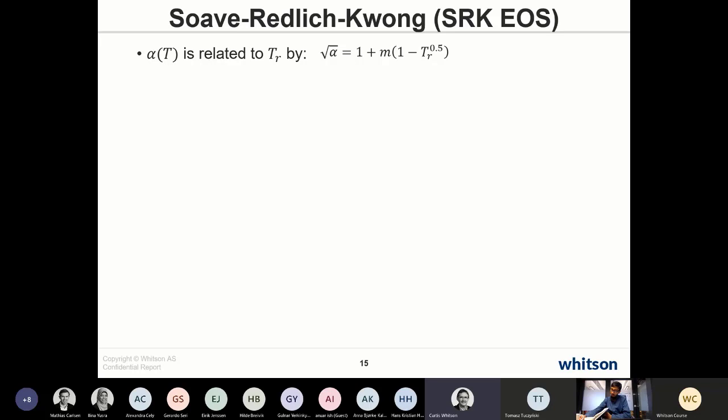Anyway, the main contribution, I think, of Soave was finding this functional form, being general for all compound types, and second, to then easily compute the value of M and tabulate it for very many compounds based on the known acentric factor. And so that's just a historical note.